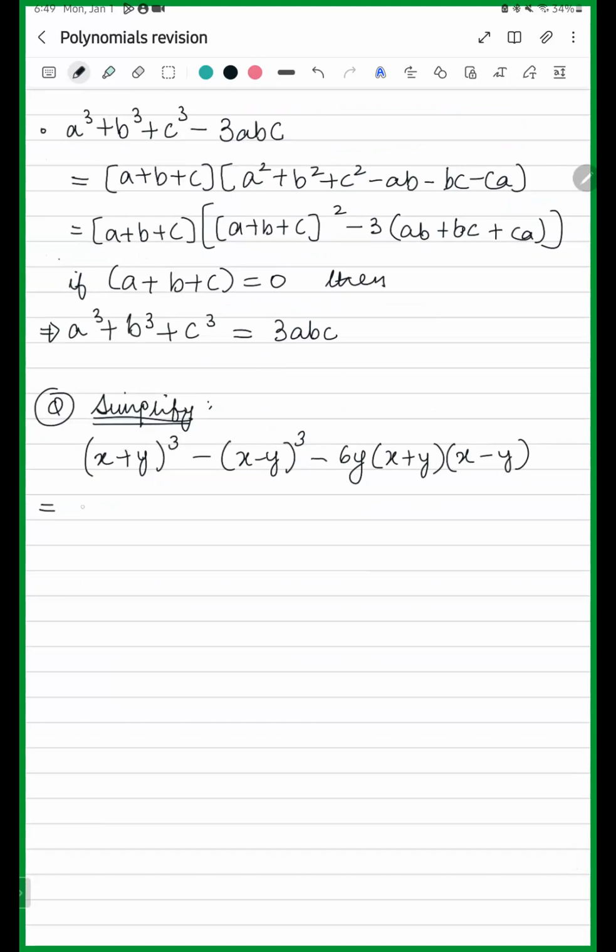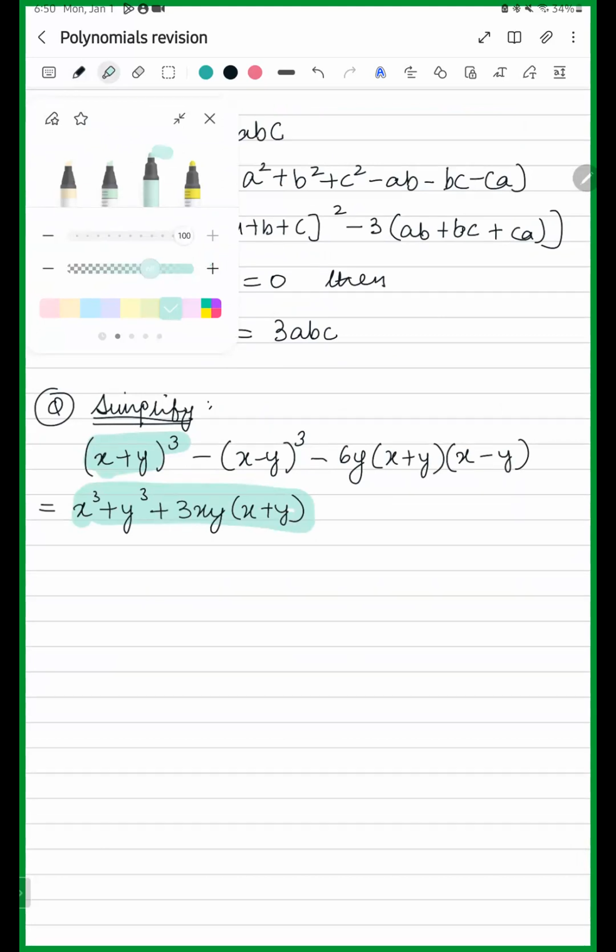X plus y whole cube will be x cube plus y cube plus 3x square y plus 3xy squared. Or if you want, you can write it in the simplified version, 3xy into x plus y. This is this part.